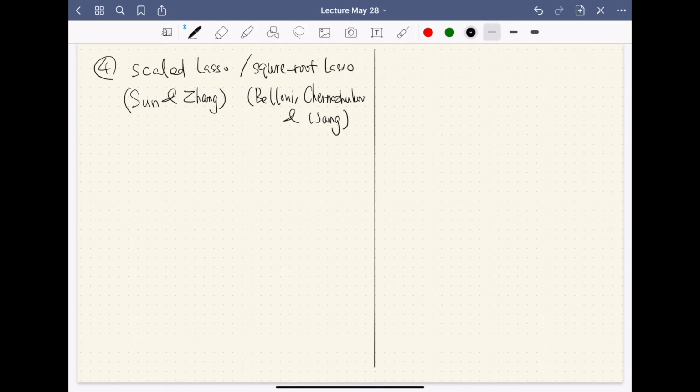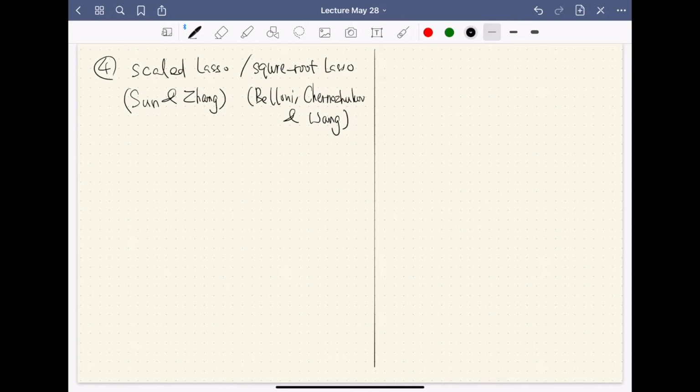Chernozhukov is probably the most productive econometrician in the world. He is a professor at MIT, and Wang was a PhD student of Tony Cai at Wharton, and after he graduated, he joined MIT as an assistant professor, but now he went to industry.